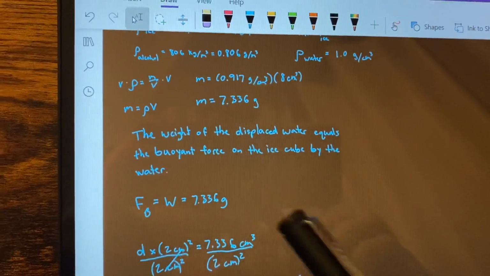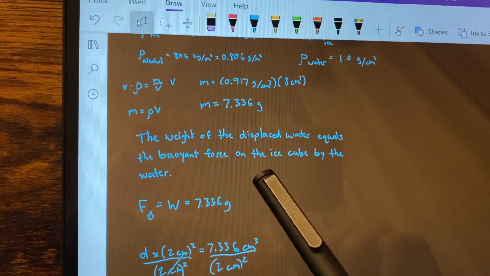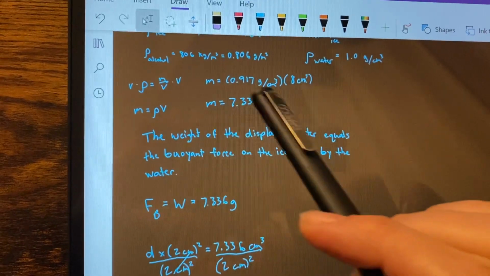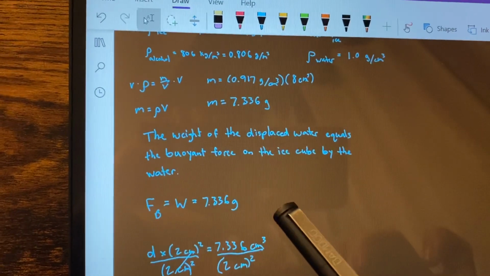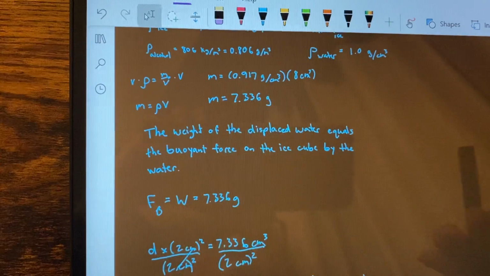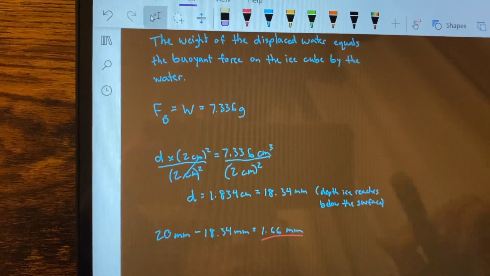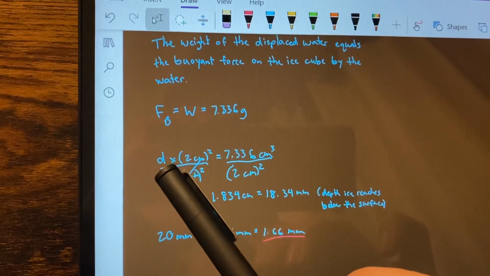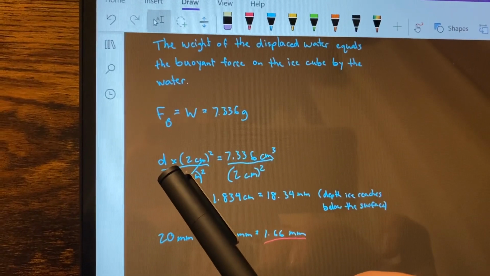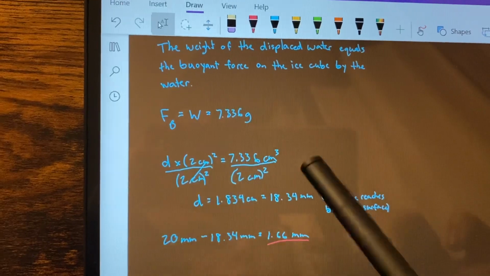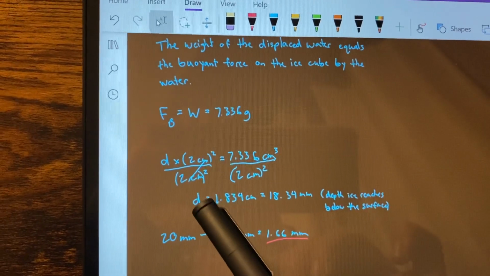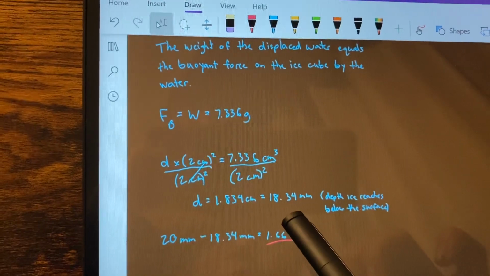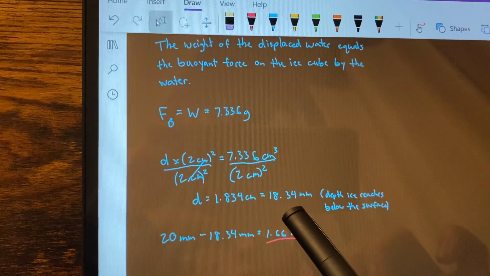And then we know that the weight of the displaced water equals the buoyant force on the ice cube by the water, so we know that this mass is going to equal the volume of water that's being displaced. And so what we end up doing is using, so I've solved for D. So D ends up being the amount of the ice that's under the water.